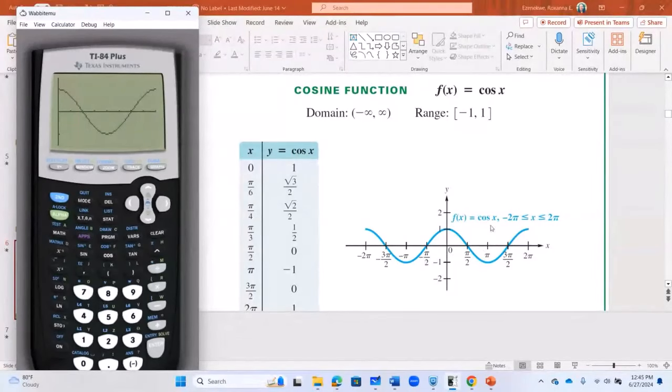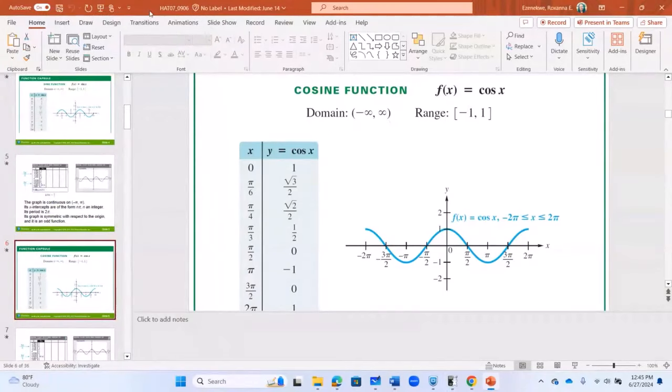We already have seen one: if I'm drawing a cosine curve without any transformation, the curve will be symmetric to the y-axis. All right. The range is from -1 to 1. The domain is from -infinity to infinity. But why do we say that the range is from -1 to 1?